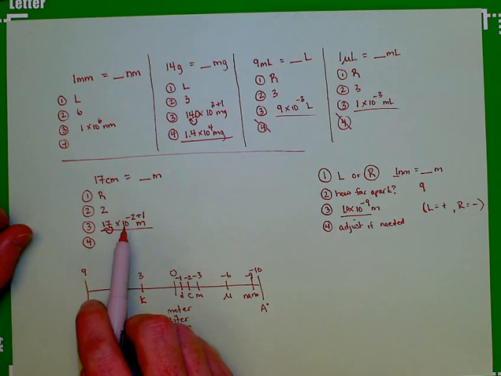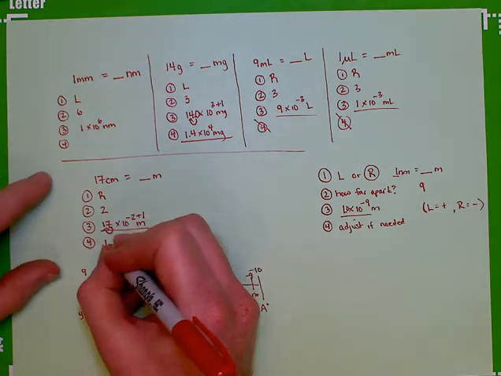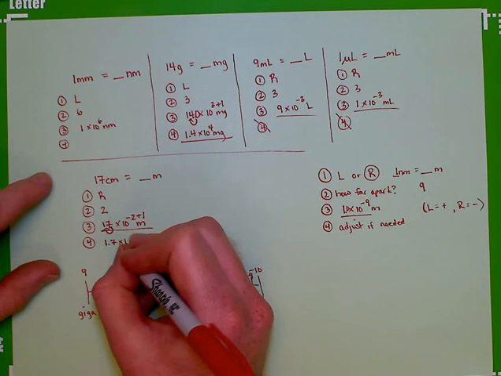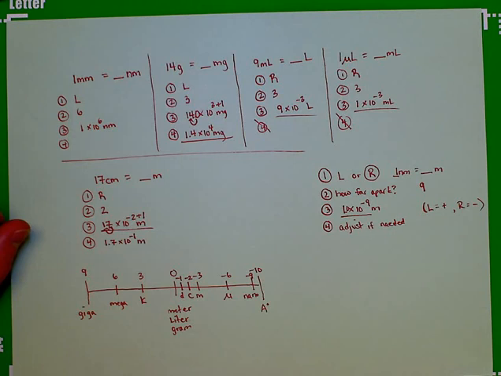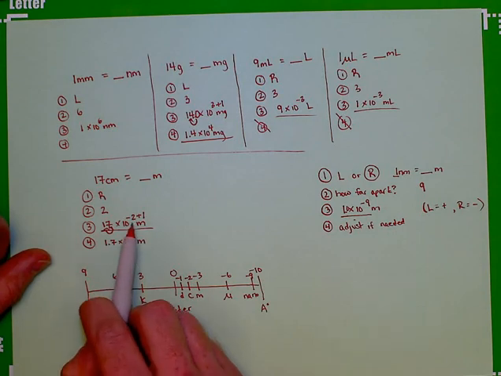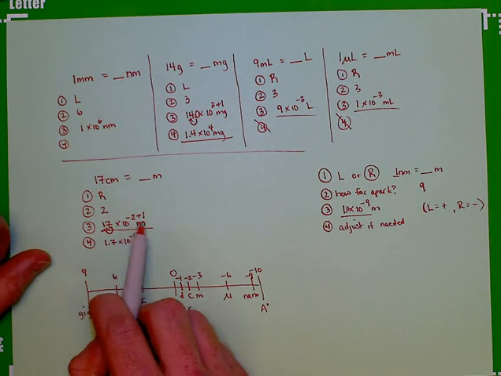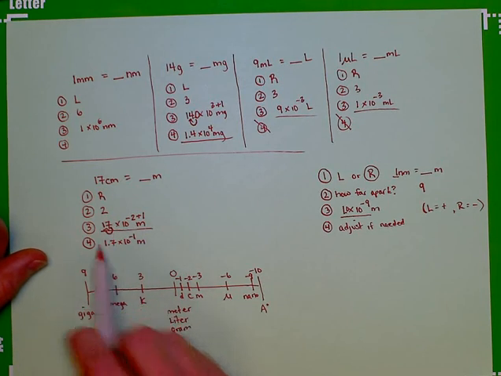Notice minus 2 plus 1. That will give us 1.7 times 10 to the minus 1 meters. Okay? Notice this number goes to minus 1, not minus 3, because this is a negative 2 and we're adding a positive 1. Okay? And so anytime the decimal is moving that way, we have to add 1 to our exponent.